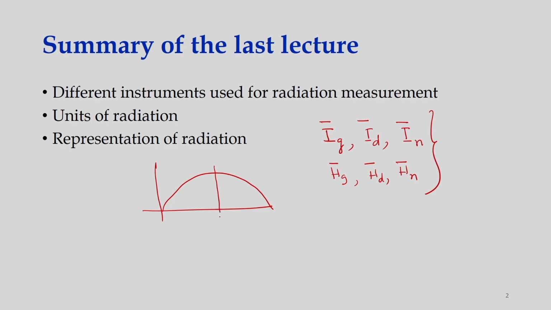Normally maximum radiation is observed at noon, about 12 noon. So these parameters were studied, and also we have studied the radiation map. Sometimes radiation maps are used to know the radiation spectrum of a particular region. We have studied, for example, one for a country like India.